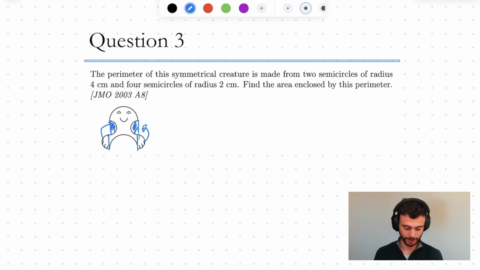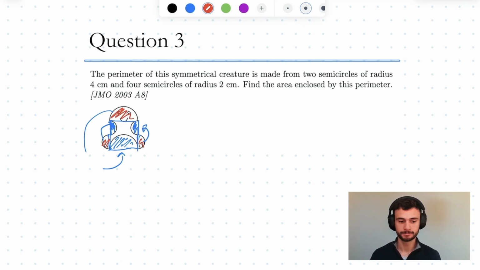We're then unfortunately going to have to chop off the head and move it down to where the feet used to be. And now, once we've done that, we get rid of all of these parts.